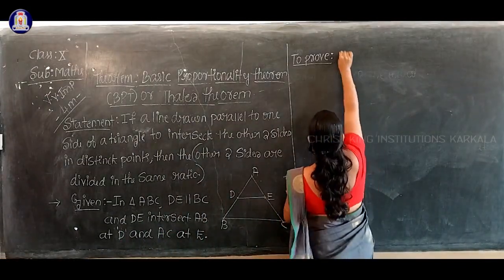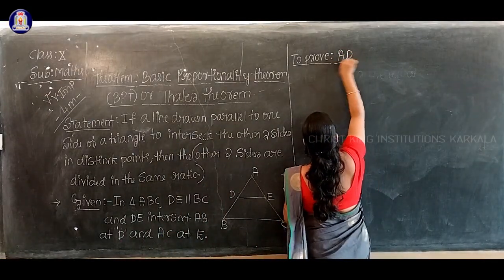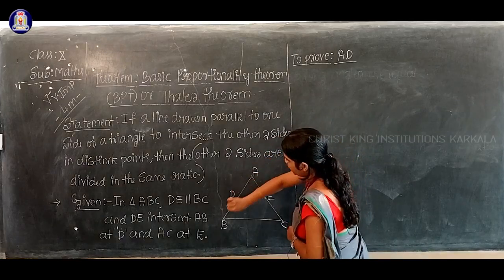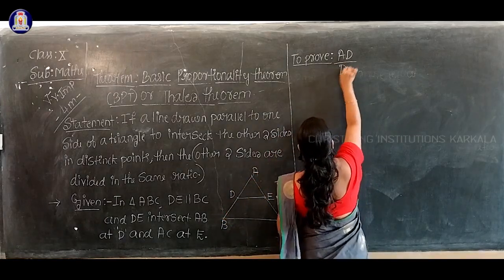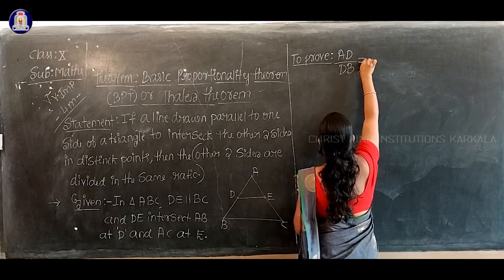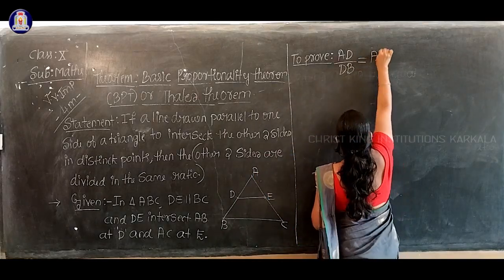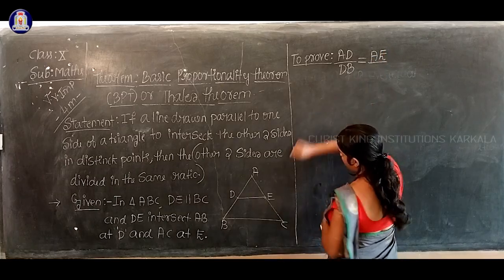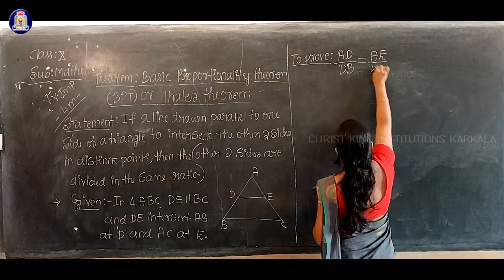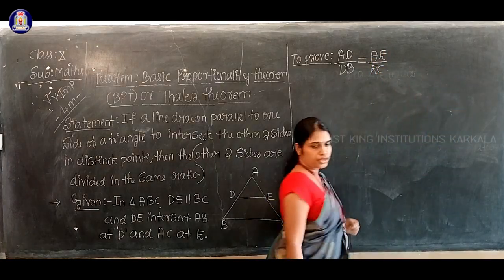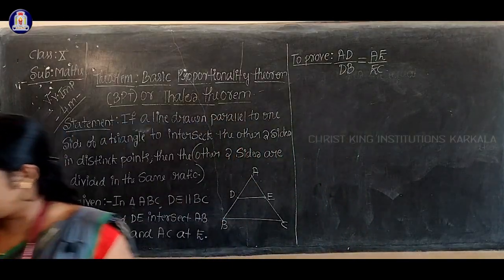Okay, what you have to prove? AD by DB equal to AE by EC. This is what we have to prove.